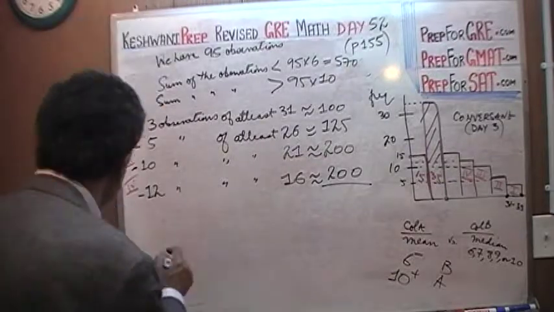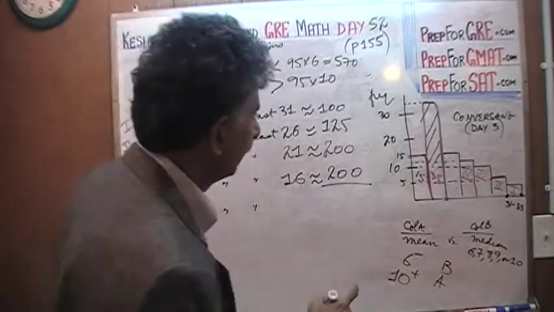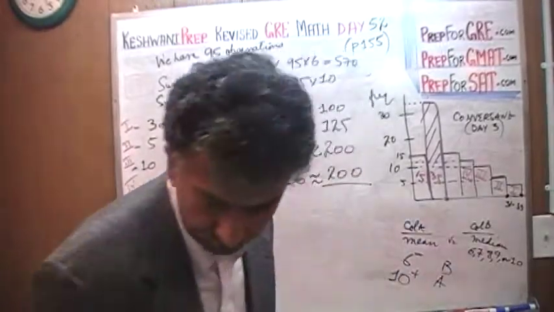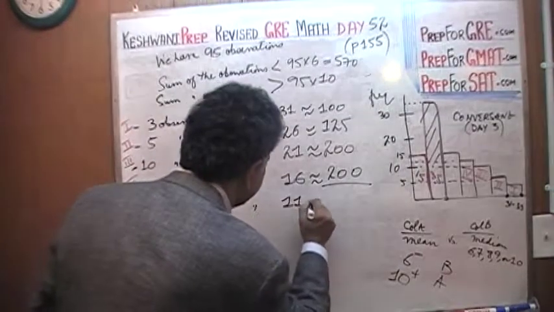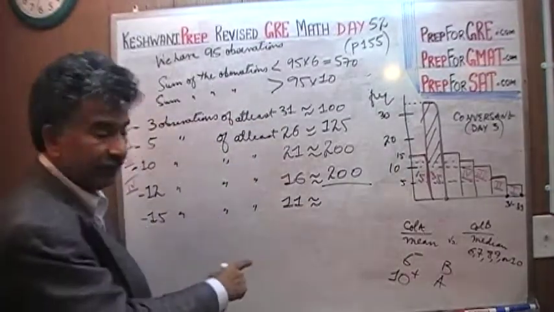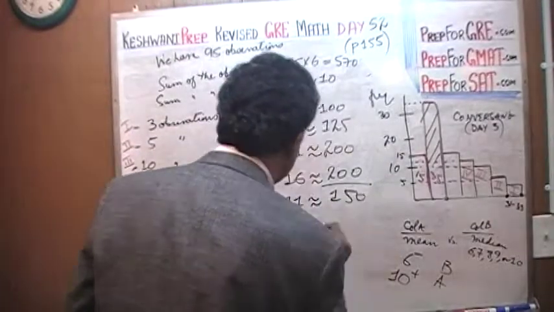So we have 15 observations. Now we are up to here. 15 observations of 11. 15 times 10 is 150, plus another 10 is about 160. Let's just say 150.